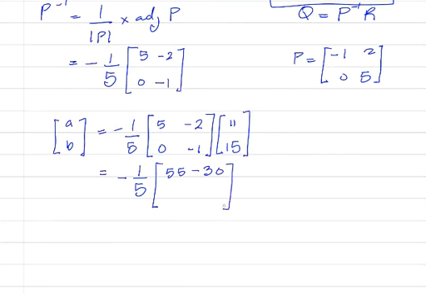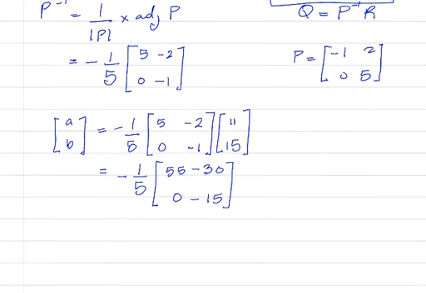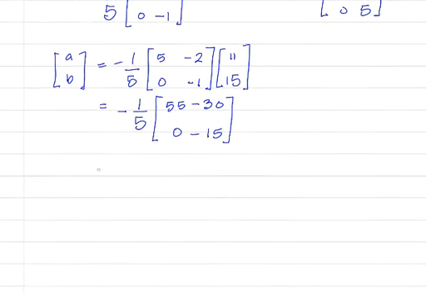Bottom row, 0 times 11 is 0, minus 1 times 15 is minus 15. So what we have here is minus 1 over 5, and up here we're going to have 25, and down by the bottom we have minus 15.